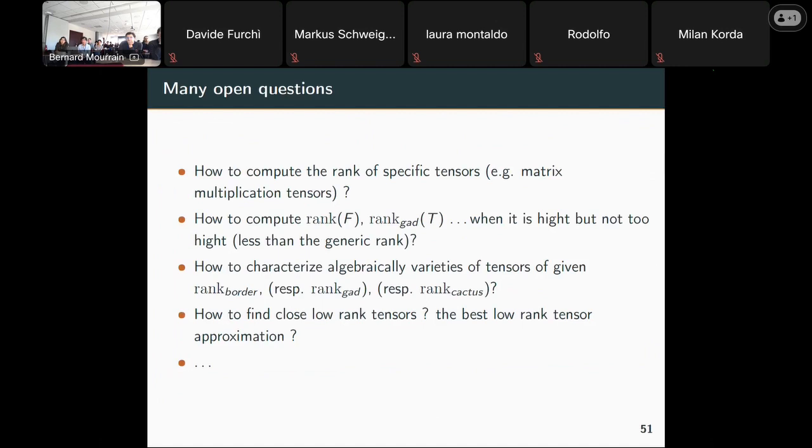It's not solving the general problem. And there are many open questions. This method doesn't apply for ranks which are high.